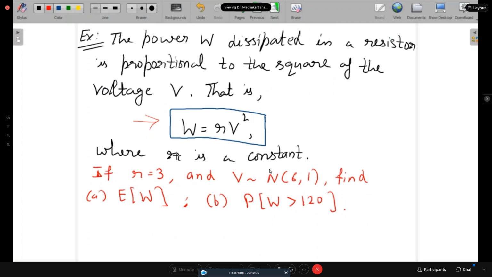R is given to you, R equals 3, and it is also given that the voltage V follows the normal distribution with mean 6 and variance 1. Then find the expectation of W and find the probability of W greater than 120. So find out what is the expectation of W.